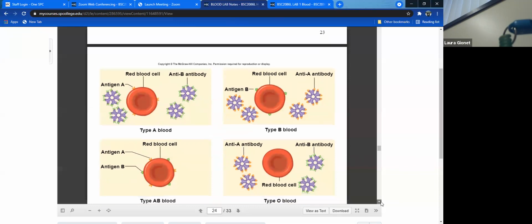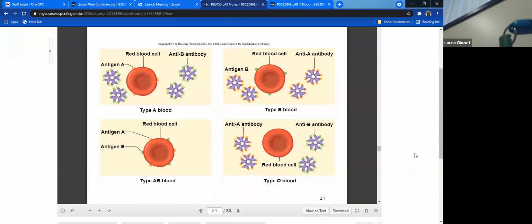All right, so to understand all this, you have to understand why we call something A blood, B blood, AB blood, or O blood. If you have A antigens on the cell surface of a red blood cell, here in the upper left-hand corner, we have a red blood cell, and you see these little orange indented blocks on the surface.